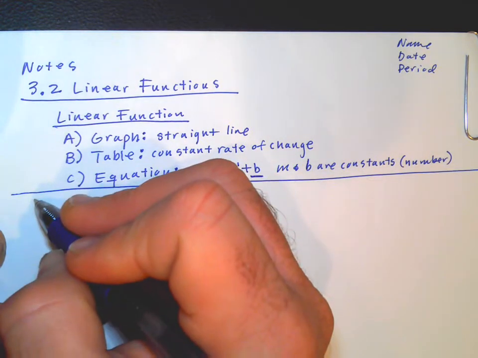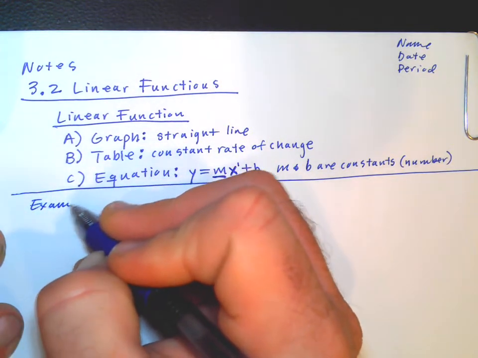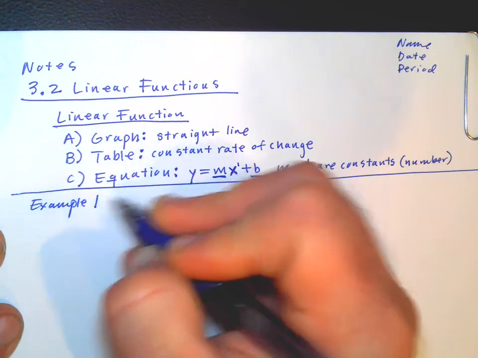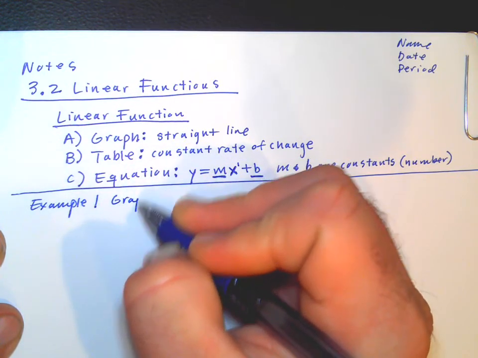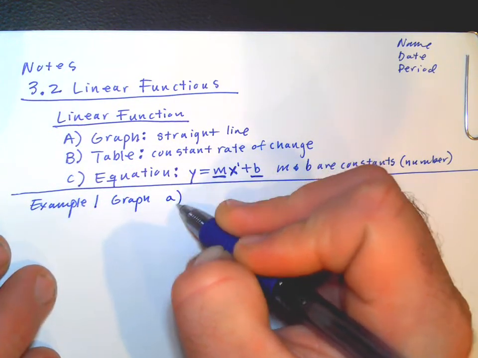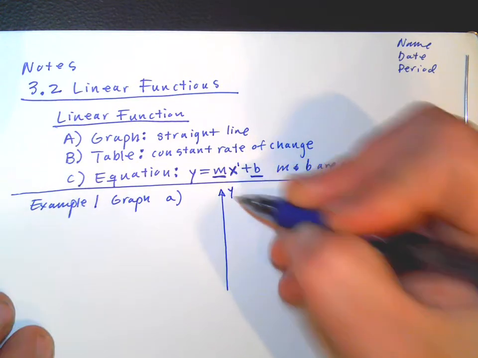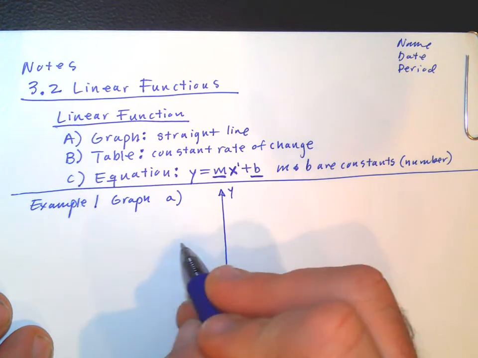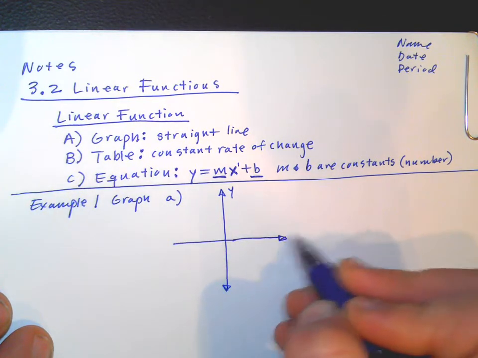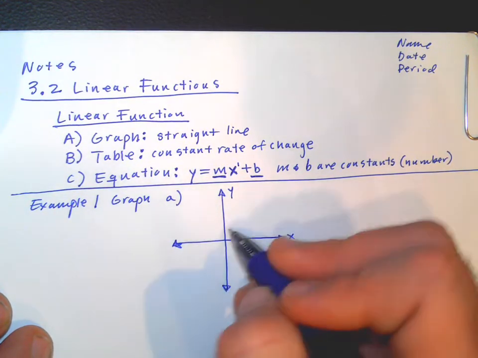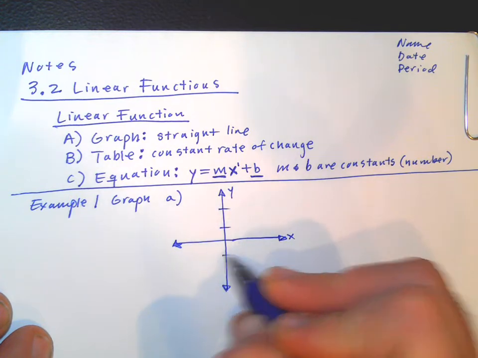So we're going to start with example 1, and we're going to look at graphs. Example 1, part A, we're going to draw a couple examples here. Probably have some problems like this on your assignments this week. So we're going to make a simple graph.